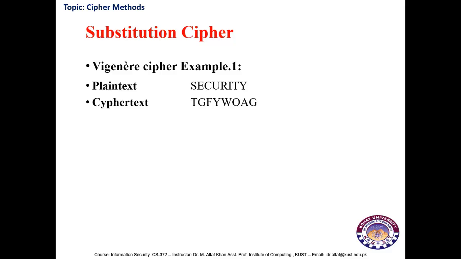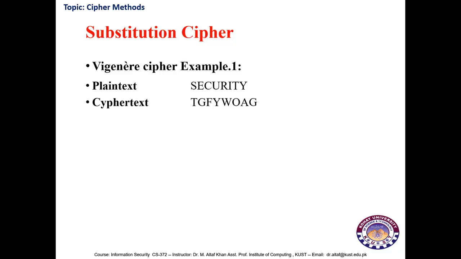In the plain text, we have the next letter, that is E, as it comes in position number 2, so we will substitute the letter E of the plain text with the cipher text G, as in row number 2 the equivalent of E is G in the Vigenere square.